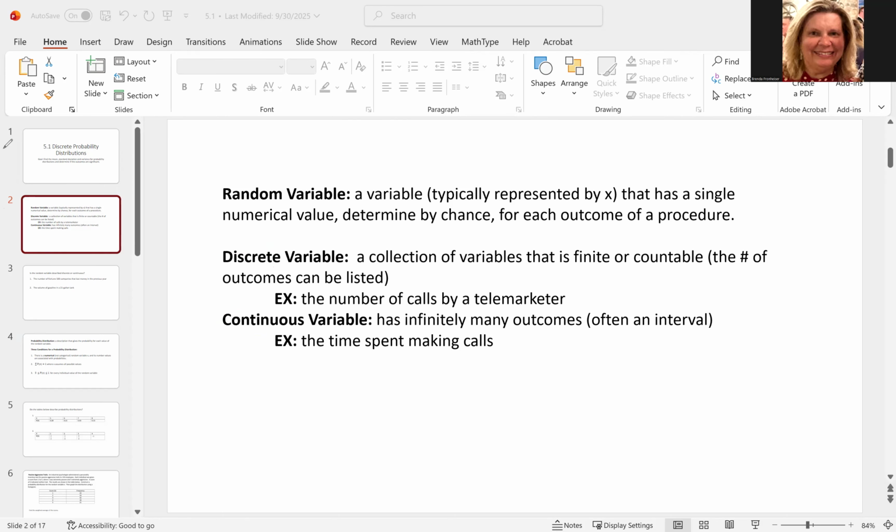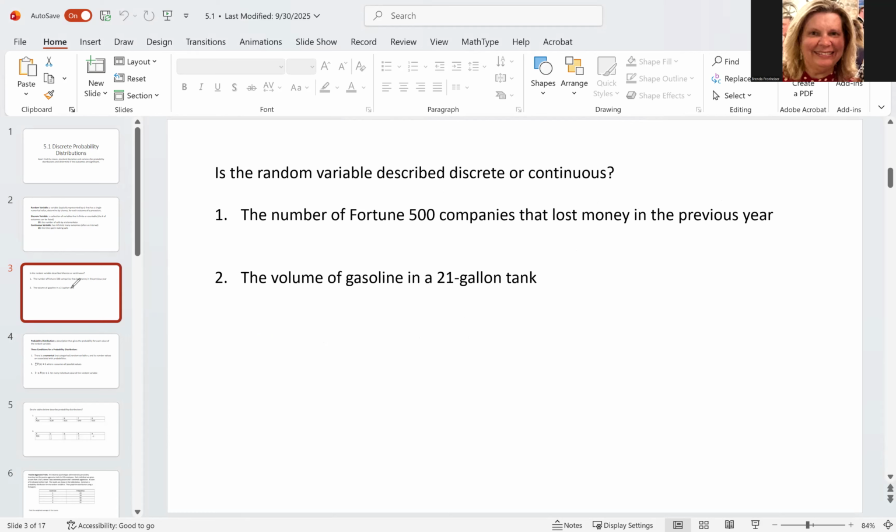Okay, now to get a little bit more specific and practice it. If we were talking about the number of Fortune 500 companies that lost money, we would be looking at a discrete variable. Those are the types of variables that we're going to see in chapter 5. In chapter 6, we're going to make a switch to continuous. The volume of gas is going to be measured typically in gallons, and that's going to be continuous.